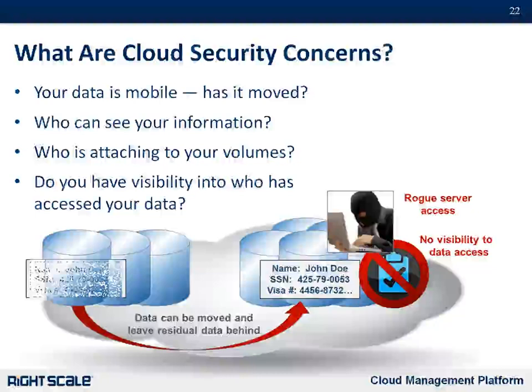One of those concerns that goes along with that is who can see your information. Even if you figure out where your data is, or at least you control it when it moves around within the black box, you have the question of, did your own people see the information, and did someone else see the information? One of the problems that happens in the public cloud, and multiple cloud providers have acknowledged this in public, is that sometimes cloud administrators do things they're not supposed to do.